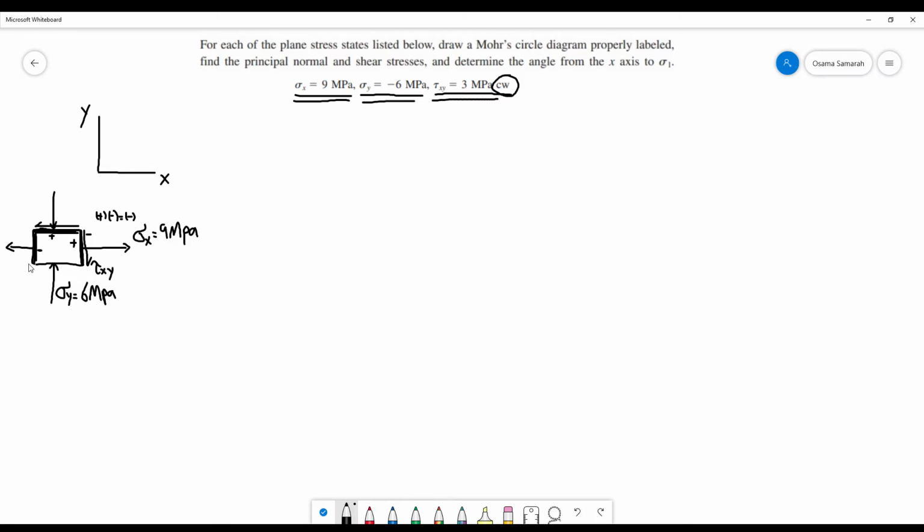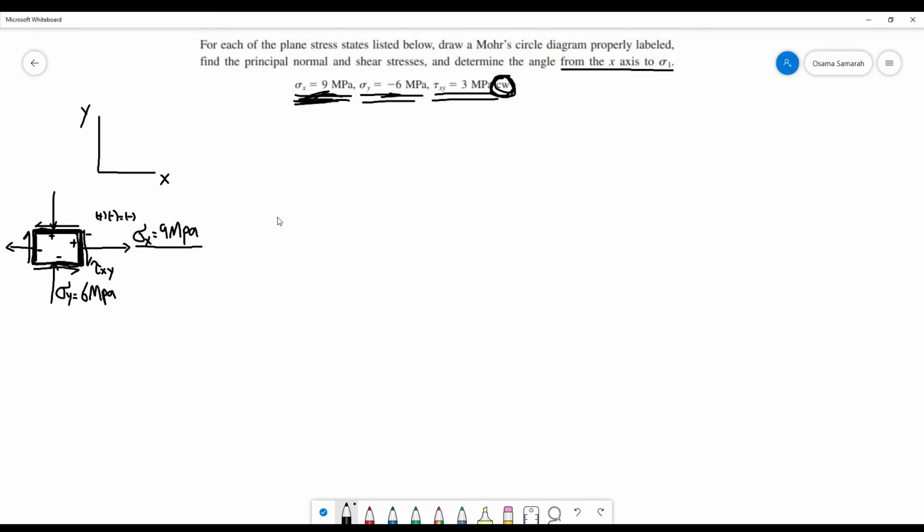Tau xy should go in the positive direction to produce a negative shear stress. And lastly, for the fourth face, which is the negative y face, tau xy should go in the positive direction, like so.